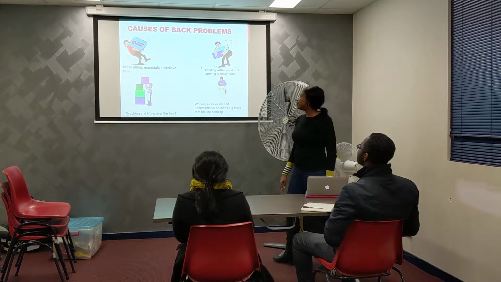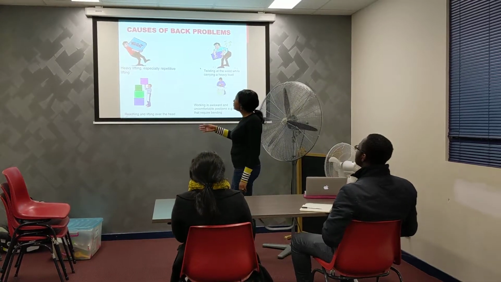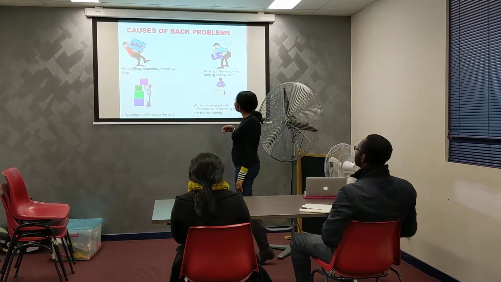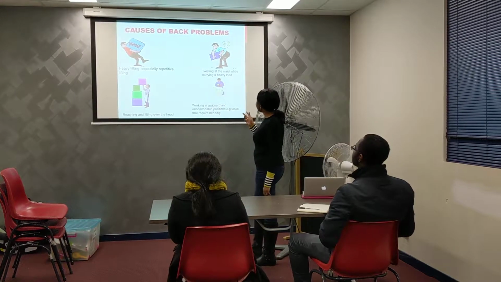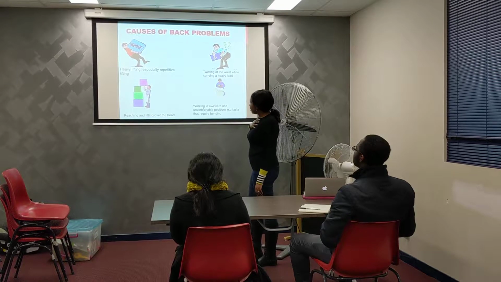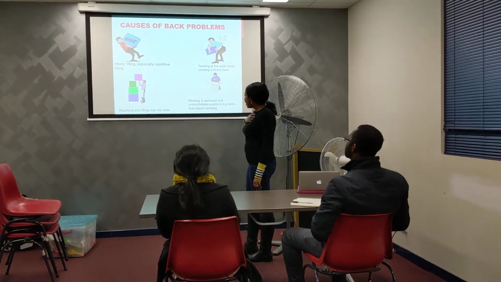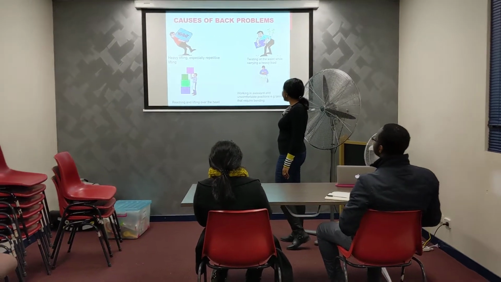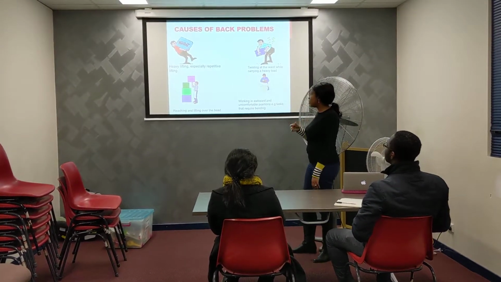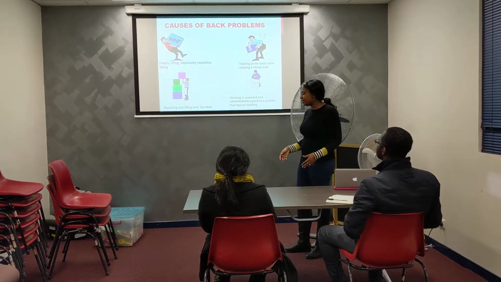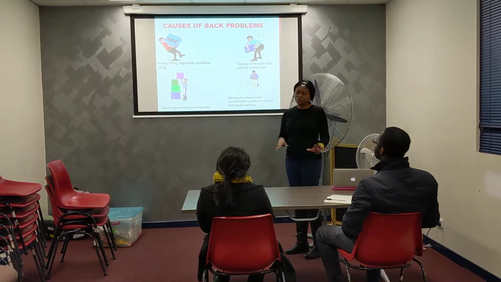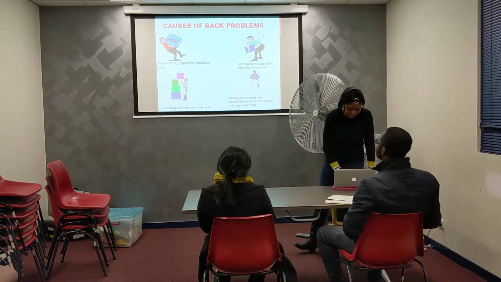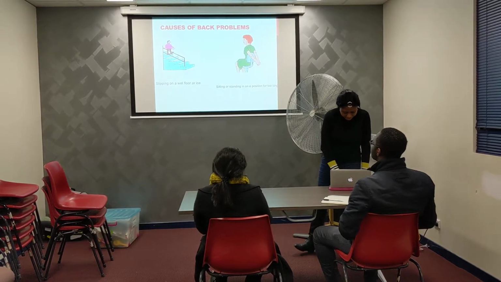Causes of back problems: heavy lifting, especially repetitive lifting, carrying a heavy load, reaching and lifting over the head, and working in an awkward and uncomfortable position, for example tasks that require bending. There's a proper way to do any kind of lifting or bending, which we'll get to in time.